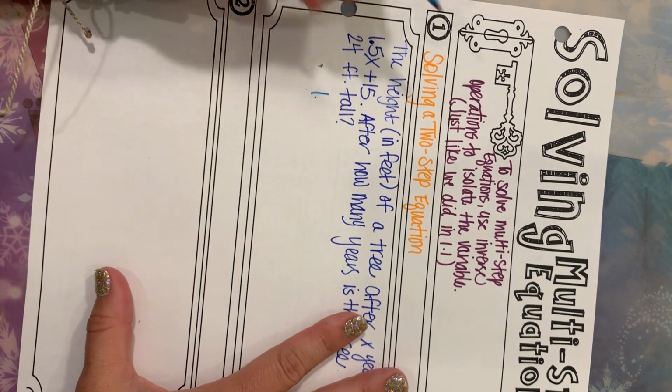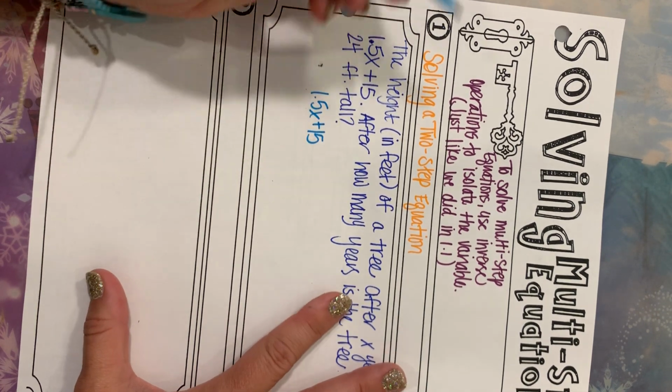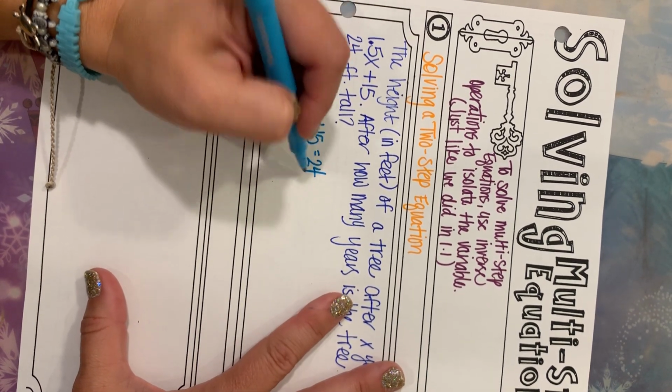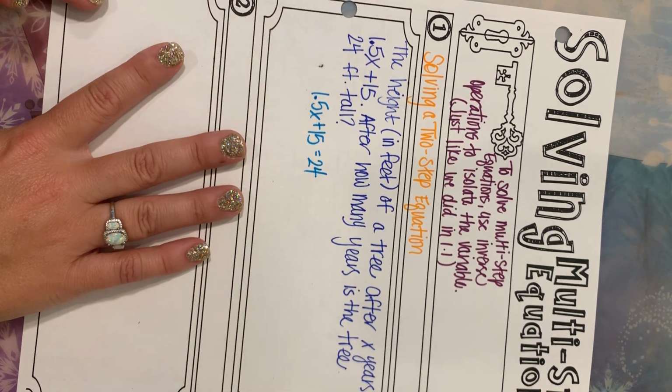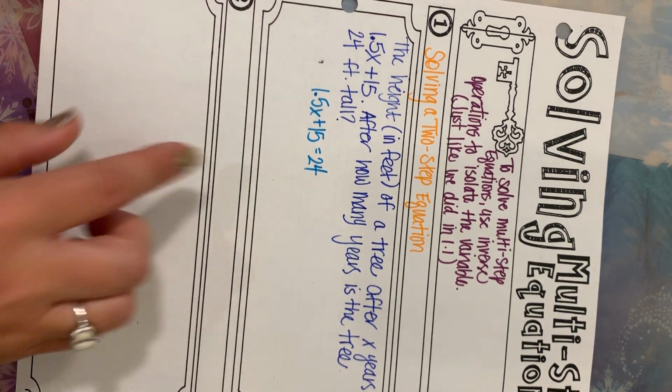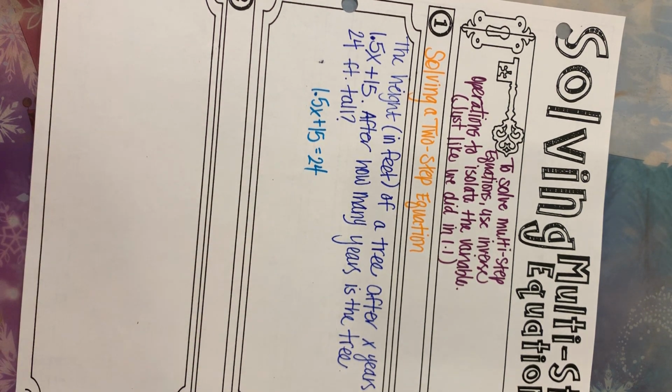So I have 1.5x plus 15 equals 24. Now, if you remember back to what we did in 1.1, it gave us either x plus 15 equal to a number or 1.5x equal to a number. This is called multi-step equations because we're now doing both of those things at the same time.